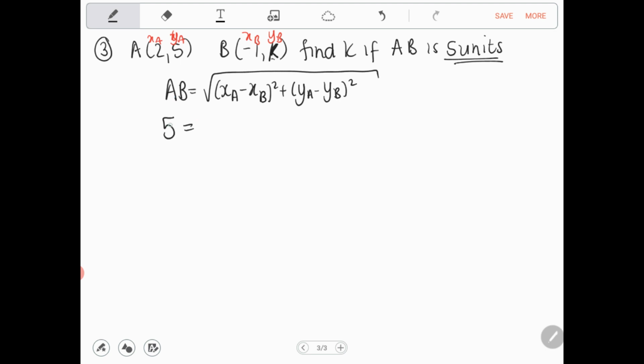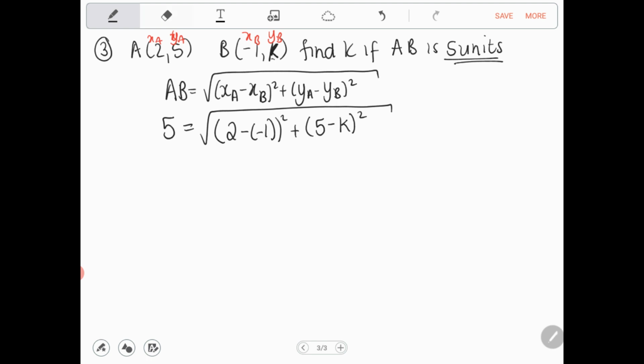I'm filling in what I know. It's 5 units long. Substitute on this side. So this will be 2 minus negative 1 squared, y at A, 5 minus y at B is a k squared.